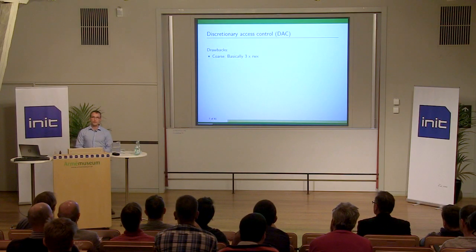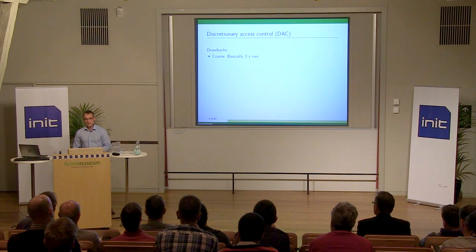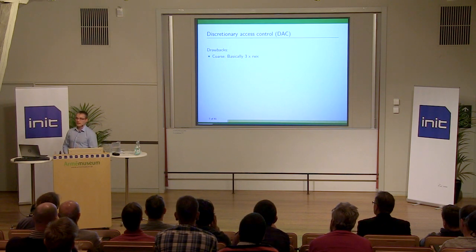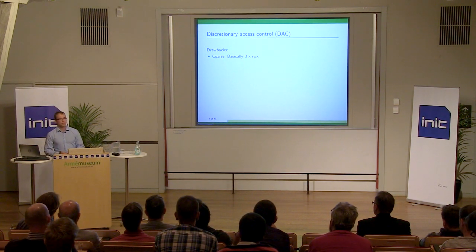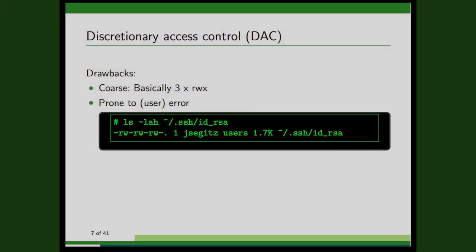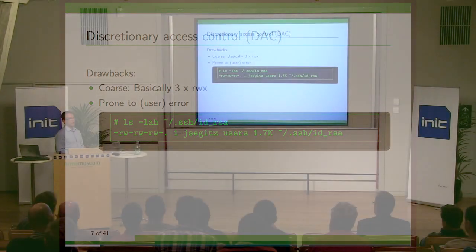There are some drawbacks with discretionary access control. First of all, it's pretty coarse, so you don't have many ways of controlling the access. Of course, there's stuff like access control lists, but basically you only have those 3 access bits, and you have them for the owner, the group, and everyone else. Next, it's prone to user error. Nothing really prevents me from making my own SSH private key world readable and writable.